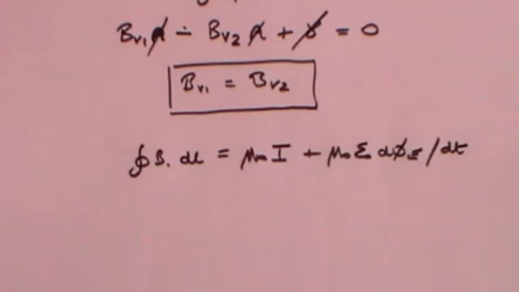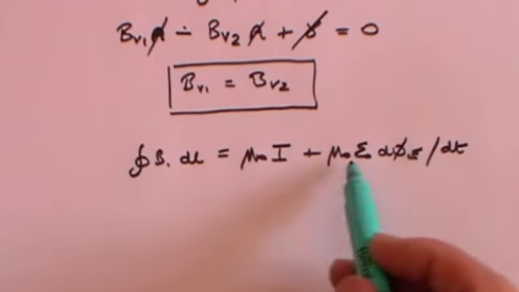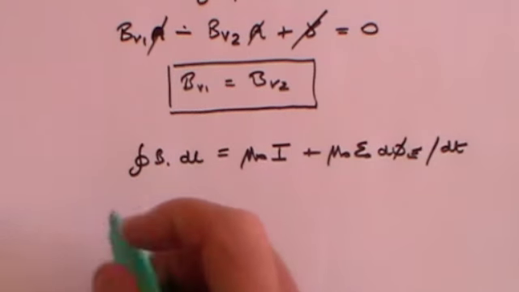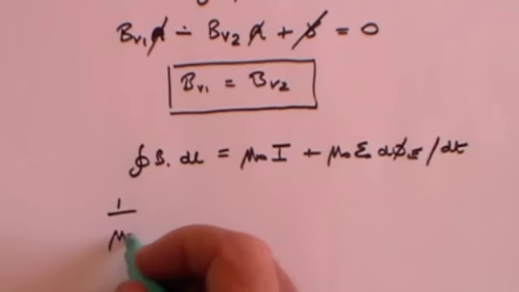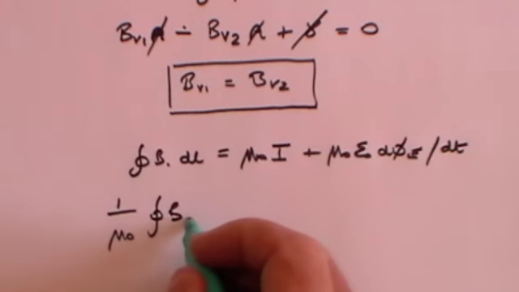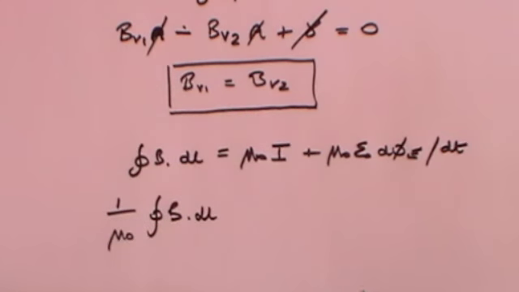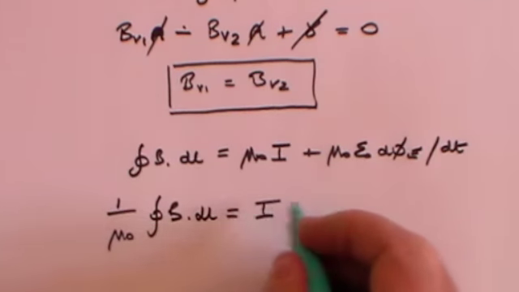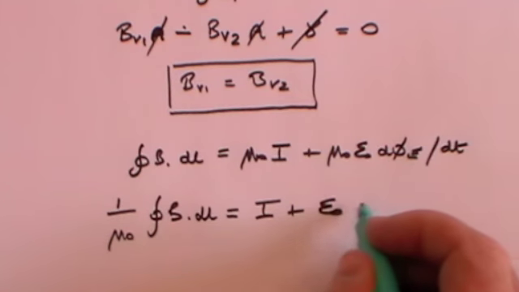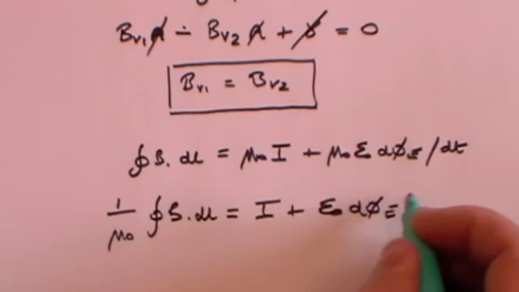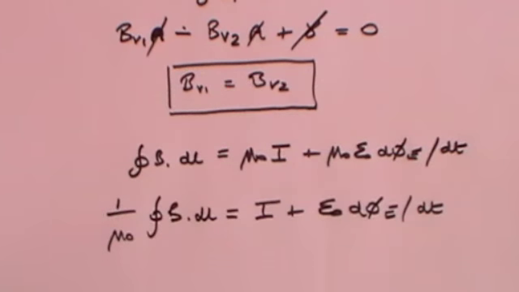Now let's just look at that for a moment. We can write that as, take the mu naught out on both sides, and that gives you 1 over mu naught into the integral of B.dl is equal to I plus epsilon naught d phi E by dt.